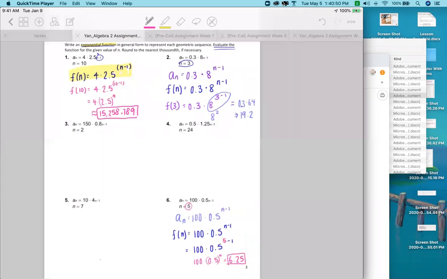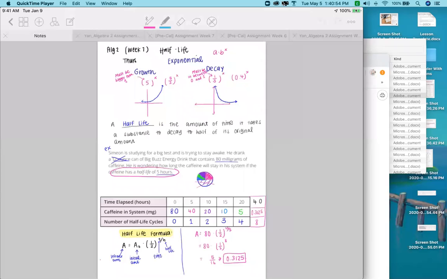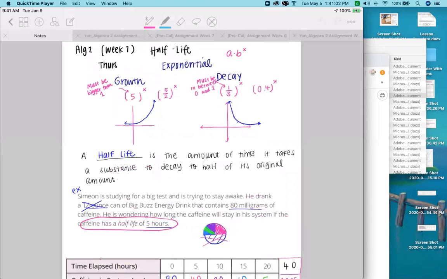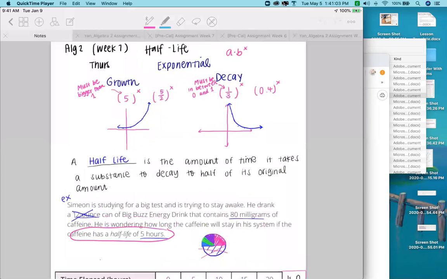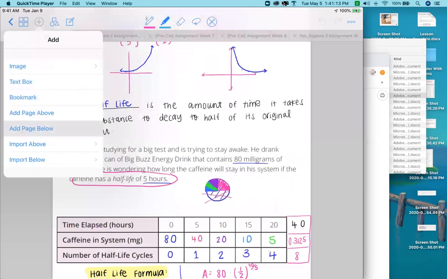Go back to my notes first. I promise you, it's gonna be really similar. So Thursday's homework, we're talking about half-life. Let me add an extra page to this.